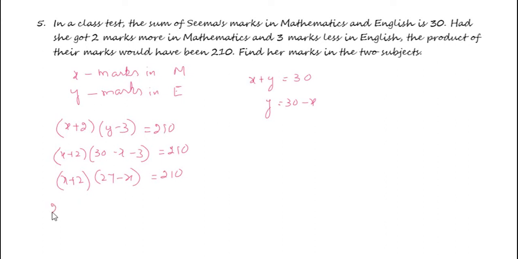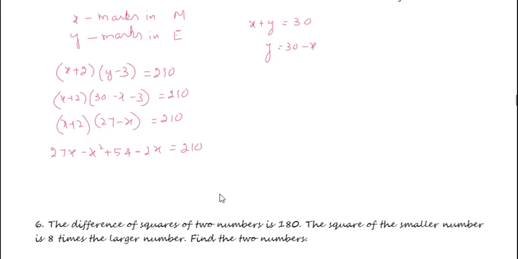So 27x minus x square plus 54 minus 2x equal to 210. 27x minus 2x is 25x minus x square.